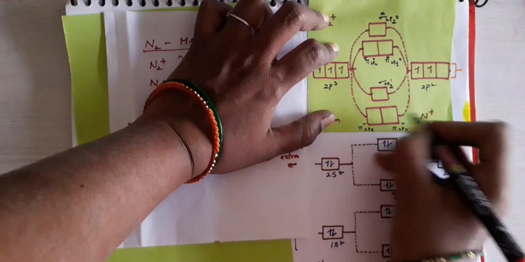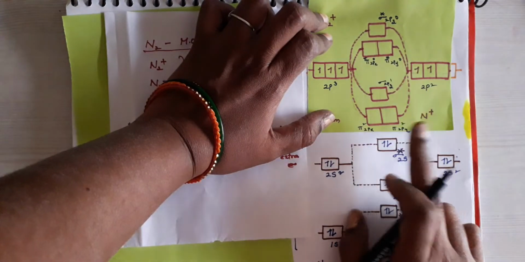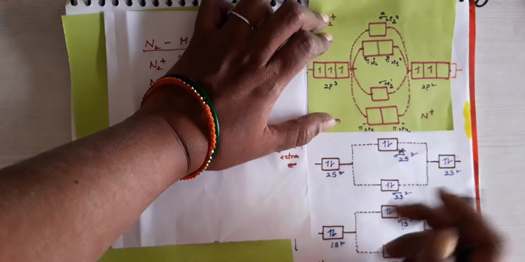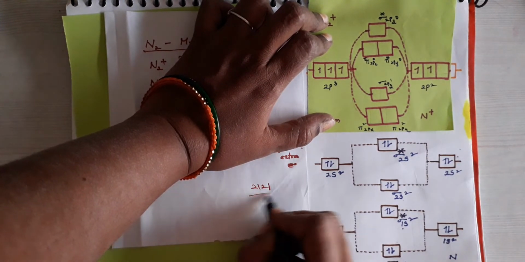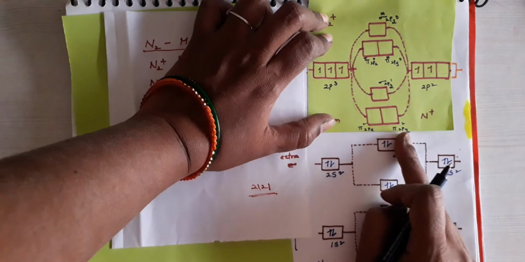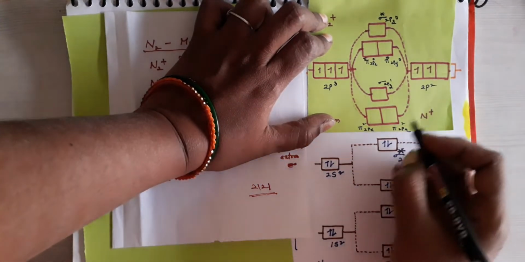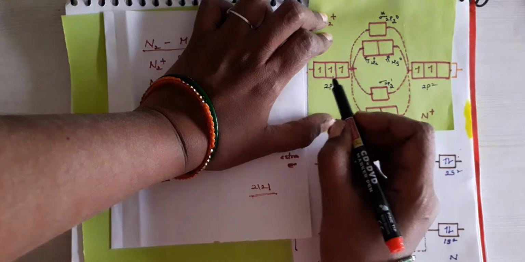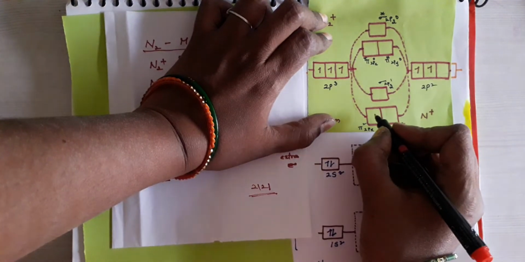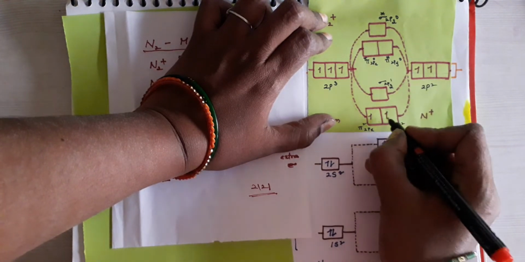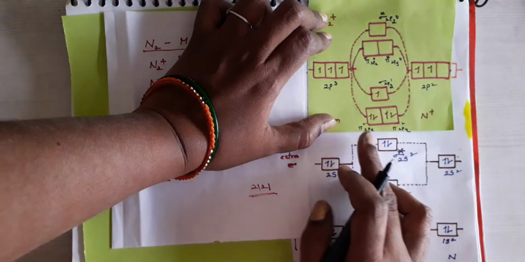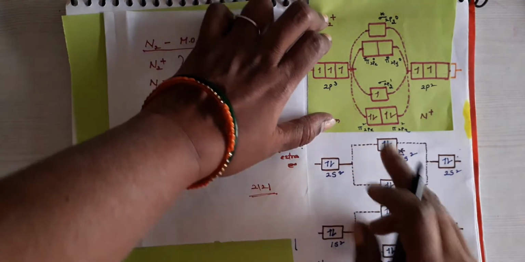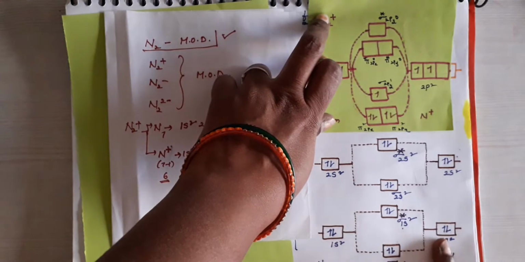Here we use the trick code 2121. Next, 5 electrons: we fill 2 electrons, then 3 and 4, and the remaining one goes here. So this is the molecular orbital diagram.